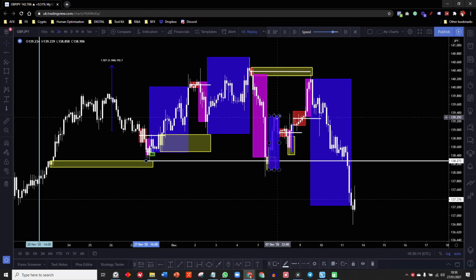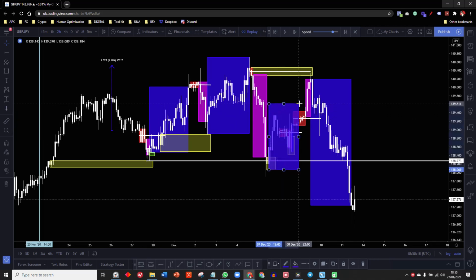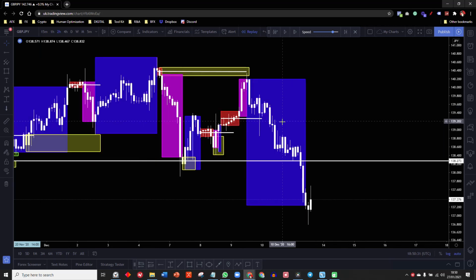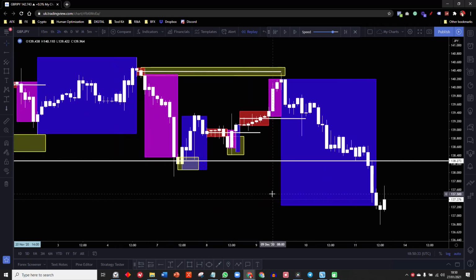Now we're in the trending phase. If we look at it, this whole move is the trending phase, but what's happening within it is that we have mini market cycles within the larger cycle. If we open this up a little bit more, we can see that we've got contraction, then expansion produced an area of H2 demand.